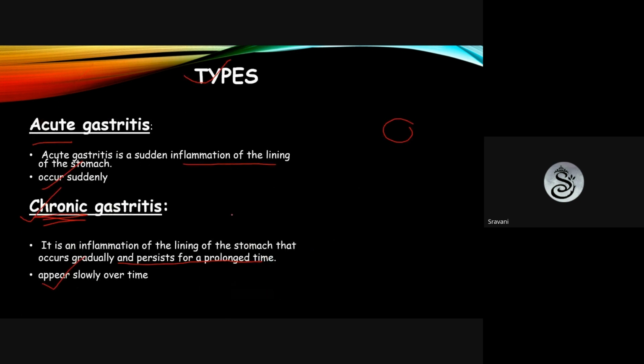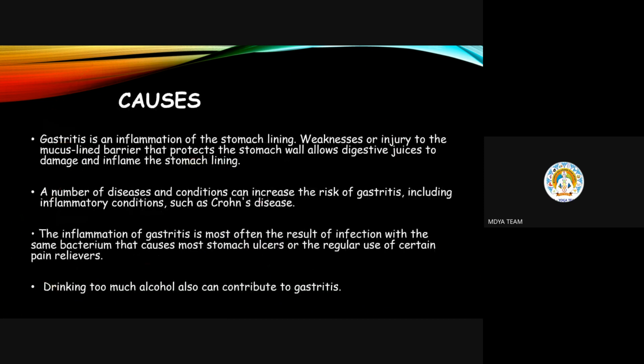Causes of gastritis: gastritis is the inflammation of the stomach lining, caused by weakness or injury. Weakness here means any weakness or injury situation when our system becomes a little deprived. Injury to the mucus lining barrier that protects the stomach walls allows digestive juices to damage and inflame the stomach lining.